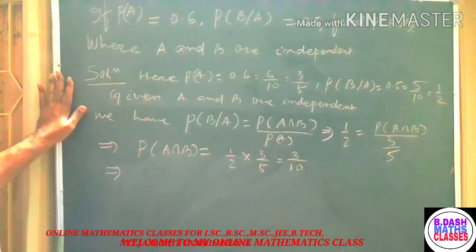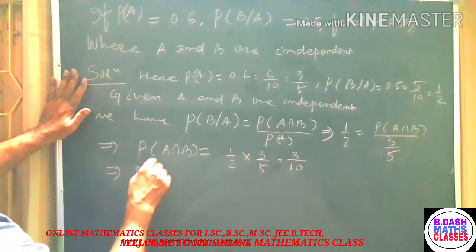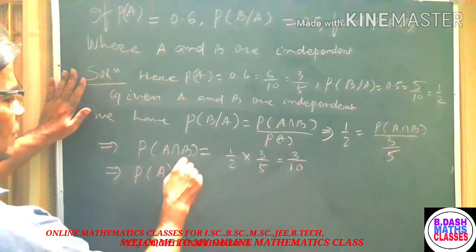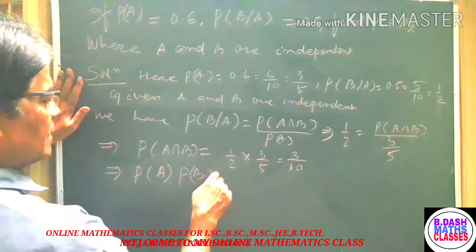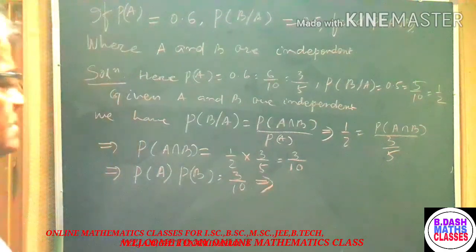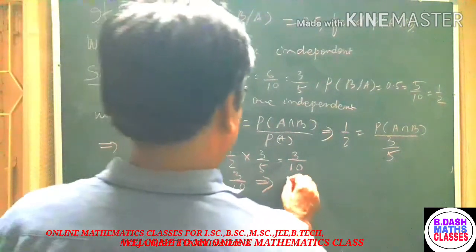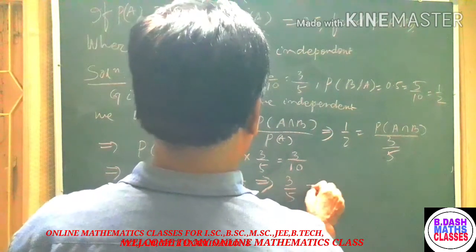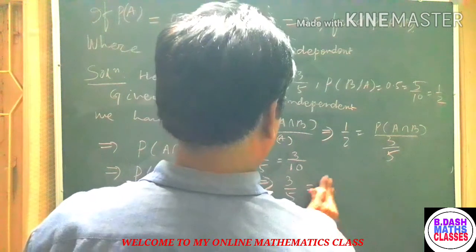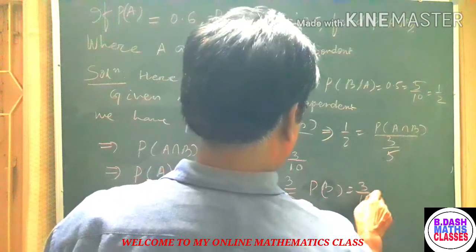These events A and B are independent, it is given. So we can write P of A intersection B is equal to P of A into P of B, which is equal to 3 by 10. So this implies P of A, that is 3 by 5, into P of B is equal to 3 by 10.